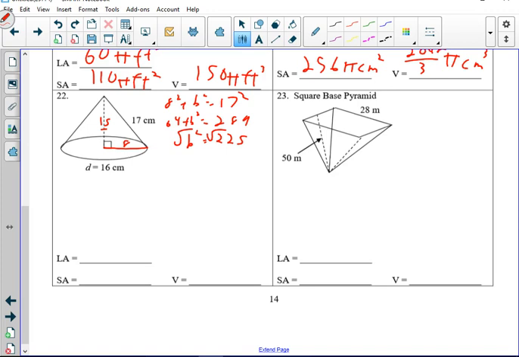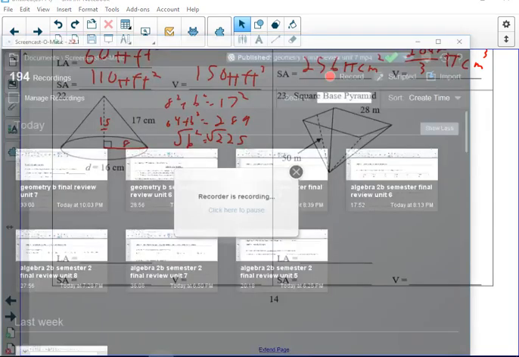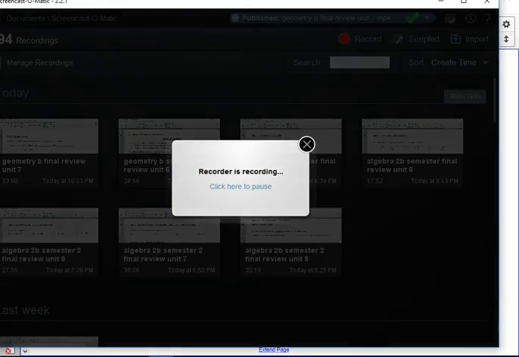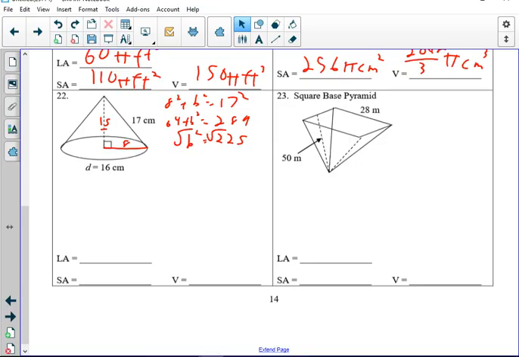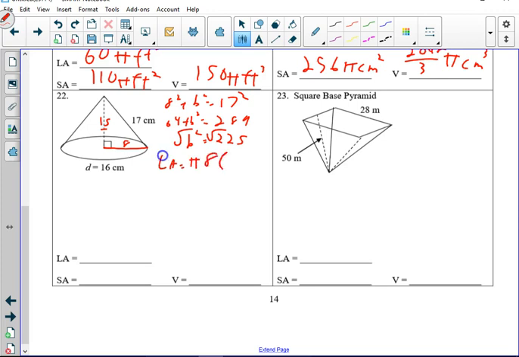So the lateral area is pi RL. So lateral area is pi times the radius times the slant height of 17.